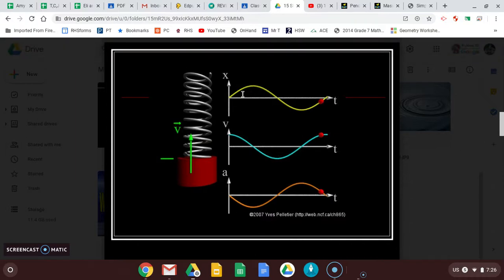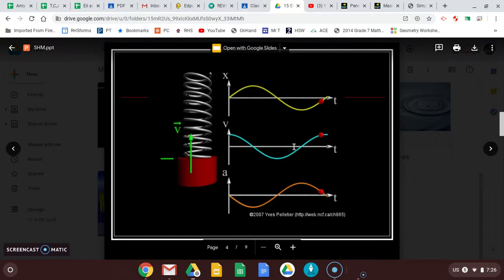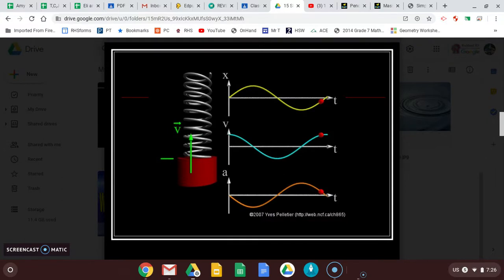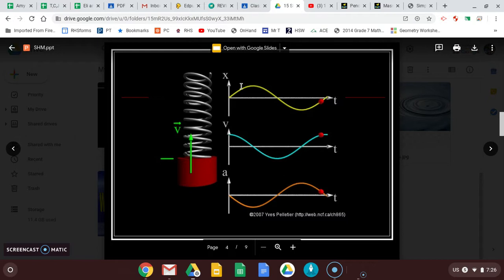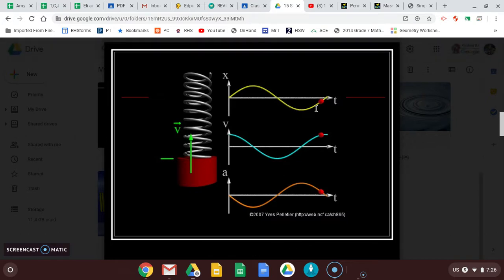But that's like a typical wave pattern, right? Up and down, up and down. So any of those three core features that we've learned about all year, position, velocity, acceleration time graphs, they're all periodic and they go back and forth as such.